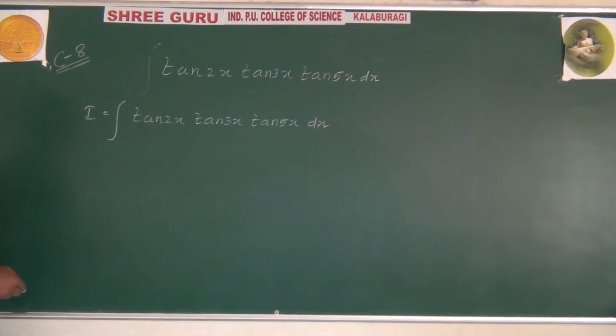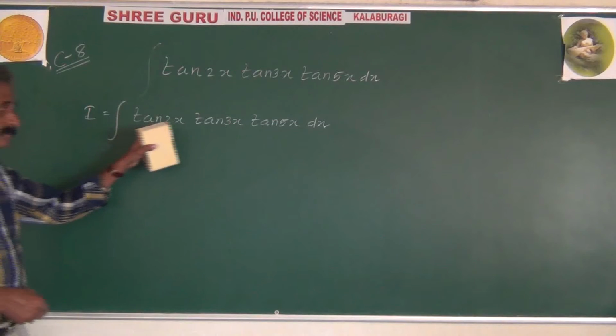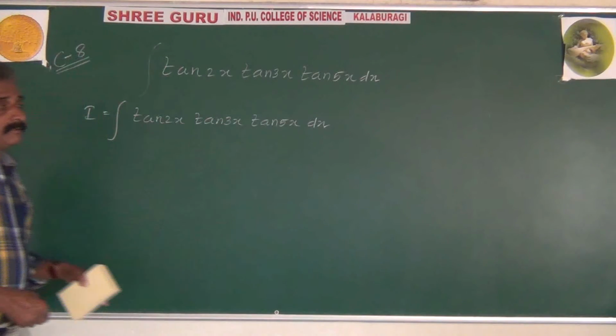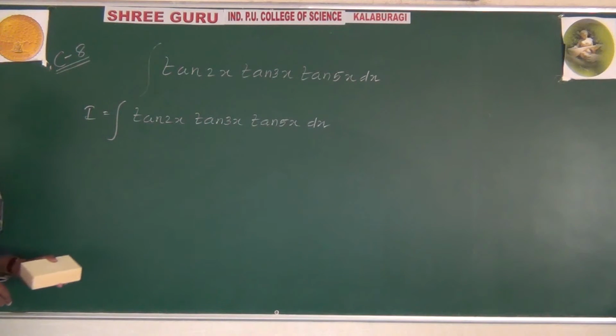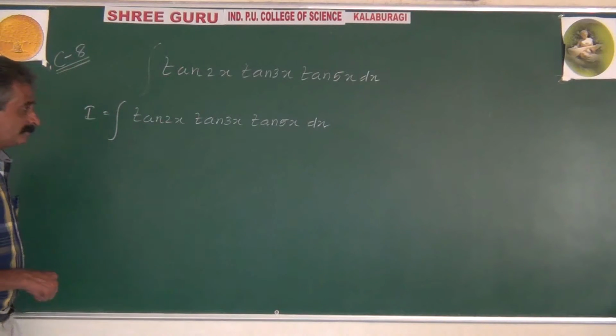We cannot split the integration because there is no sum or difference. Like in case of sin A, sin B, cos A, cos B, there is no formula for tan A, tan B. But even then we have this formula from trigonometry.